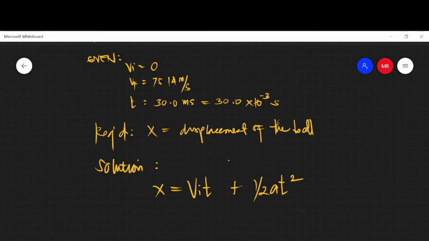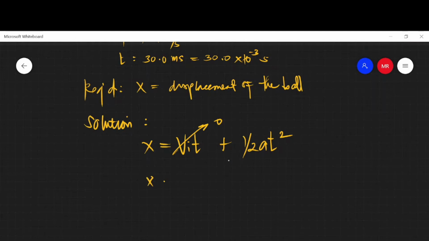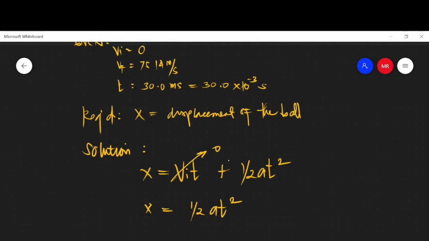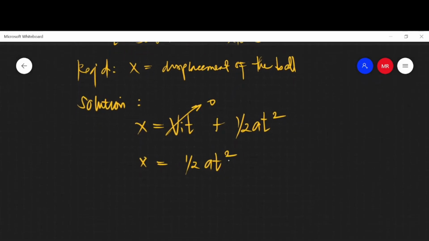But our initial velocity is 0, so this term will just be 0. And x therefore will just be equal to 1/2 a t squared. So we are looking for x. We already have the time equal to 30.0 milliseconds, or 30.0 times 10 raised to negative 3 seconds. But we don't have yet the acceleration.